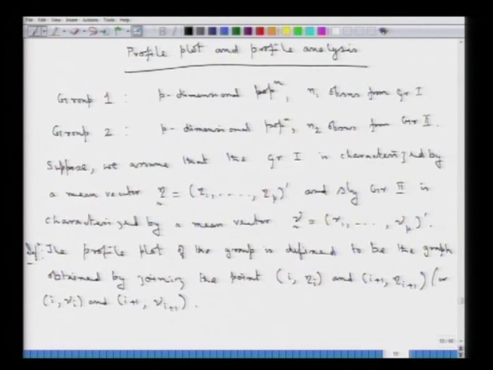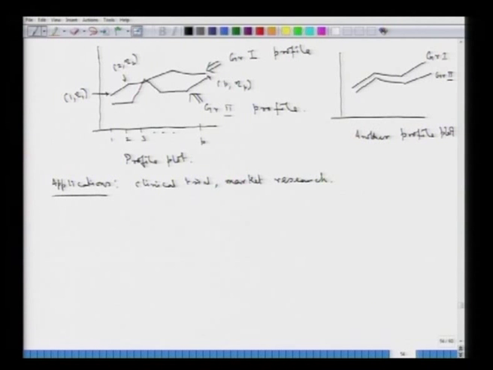So eta 1, eta 2, eta p is the mean vector in the population. Similarly nu 1, nu 2, nu p is the mean vector characterizing the second group, and hence these are unknown quantities, and the actual shape of these profile plots is unknown to us.